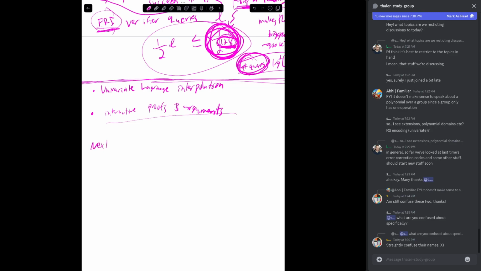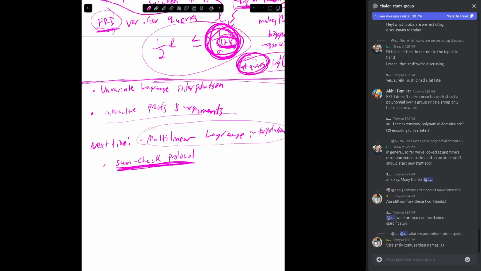Next time we'll move to multilinear Lagrange interpolation, which is really the last thing we need before seeing one of the most important interactive proof techniques, the sum check protocol. I don't know if we're actually going to get to it next time, but at a minimum, we're going to get out of the way the very last thing we need to discuss before we're able to talk about the sum check protocol.